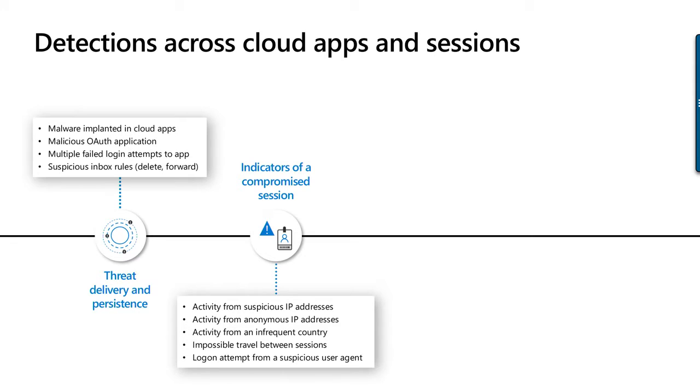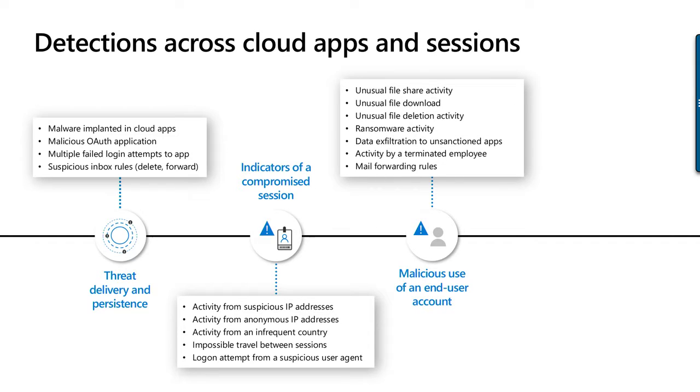We also have different indicators of compromised sessions by looking at activities from suspicious IPs, from infrequent countries, or things like impossible travel. So all the things that are deviations from your end user habits. But we can also go further for user monitoring by looking at malicious use of user credentials.